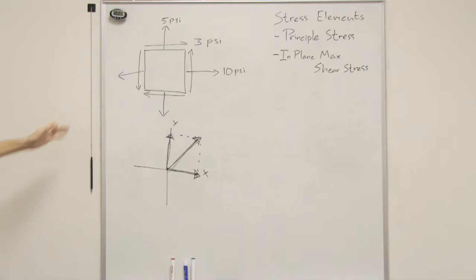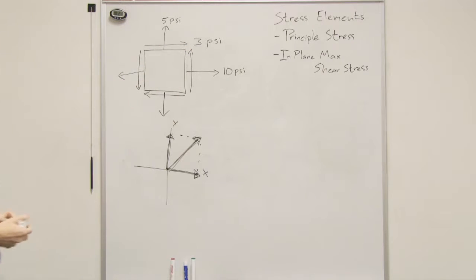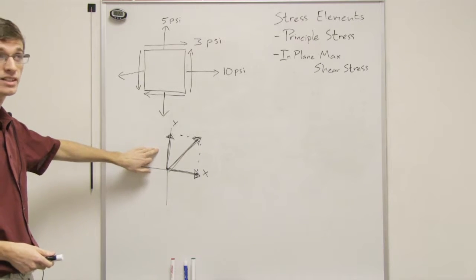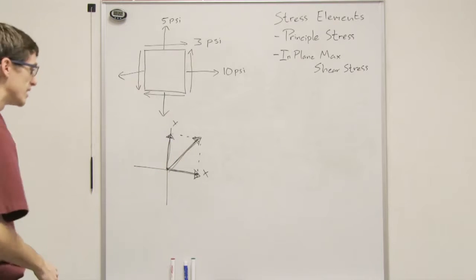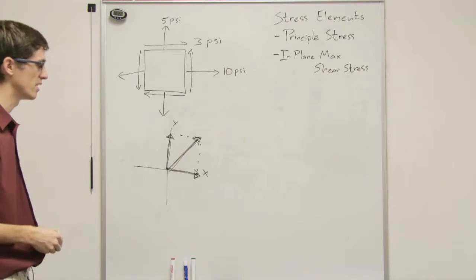It's just an x and y indicator of what the stress is in your element. Just like this is your y and x components of this force. Neither of those forces is your maximum force. Your maximum force is your resultant force. And so we want to find out how we can manipulate that to find out what our actual maximum stresses are, so we know what our limits are in these stress elements.